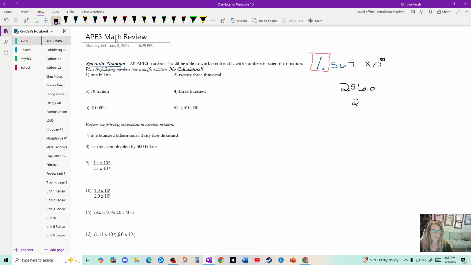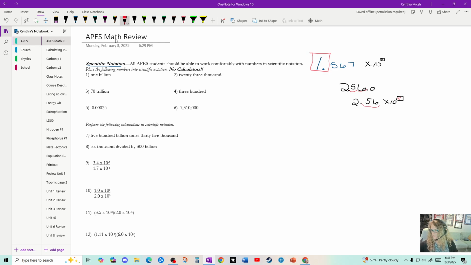You can't do that. So 2.56 times 10 to the however many places I had to move that decimal. I had to move it one place, two places, so this would be 10 to the 2. All this 2 means is, to undo this from scientific notation, if I move this 1, 2, then I have 256. That's all this is.